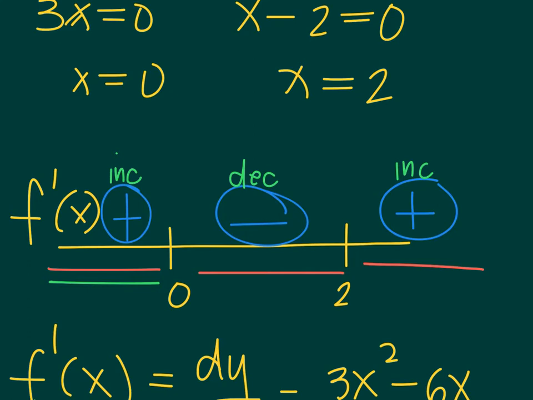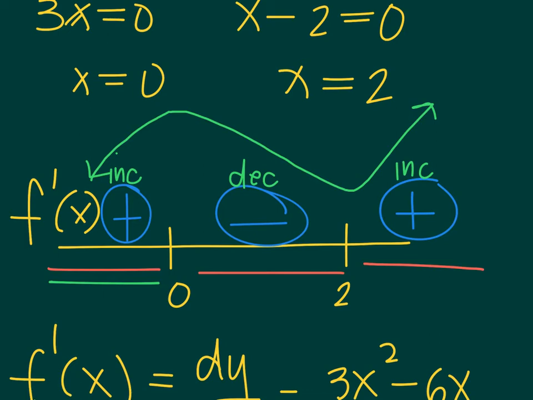It is describing the graph of y or the given function. Okay? So we don't need to graph it exactly, but what we can see, before the 0 it is increasing, after the 0 it is decreasing, after 2 it will go back to increasing.